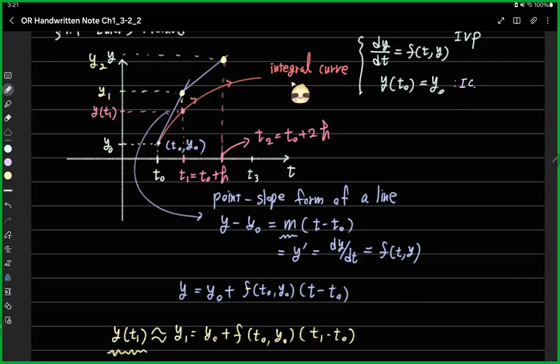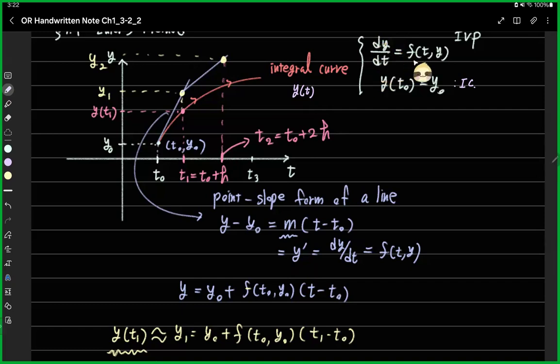But this is the graph of the exact solution y of t, isn't it? Yeah, we do not know y of t, but we know y prime. Where is y prime? Right there. This is y prime, right?